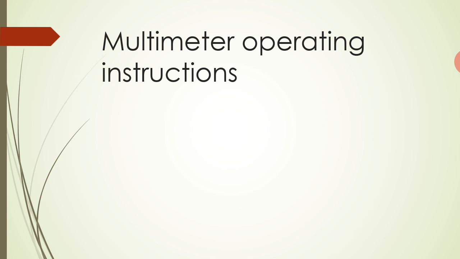Next is verify the circuit polarity before making a test, particularly when measuring DC current or voltages. Next is when checking resistance in a circuit, be sure power to this circuit is switched off. Otherwise, the voltage across the resistance may damage the meter.